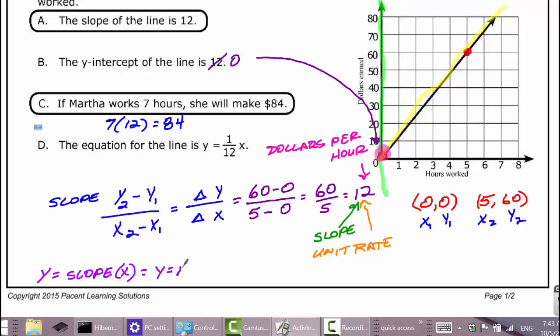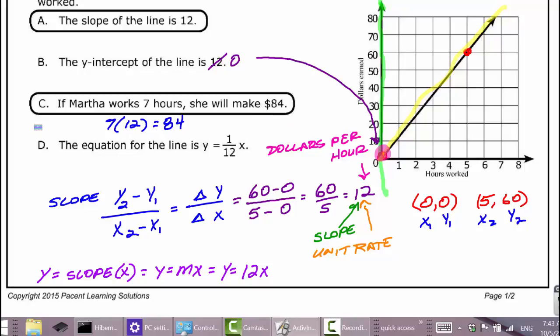We always call the slope m. So y equals mx. So for this particular line, the equation would be y equals 12x, since 12 is the slope. All right, so there's a good review. You can go back and look this one over.